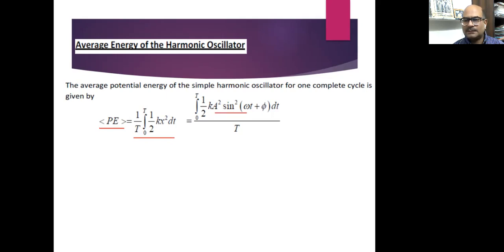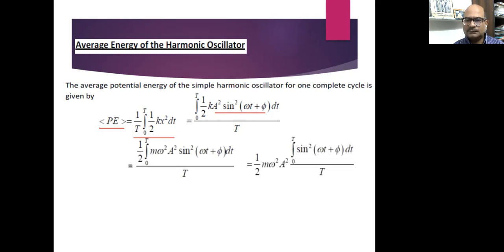This is the value of x square. You can solve this integral. This comes out to be 1 by 4 m omega square a square. So this is the potential energy expression.